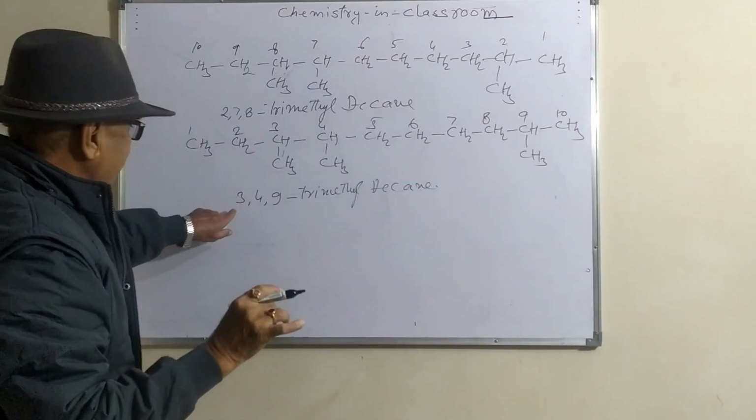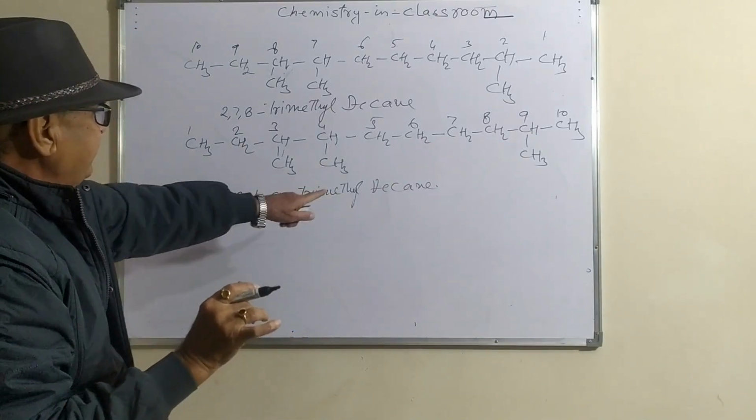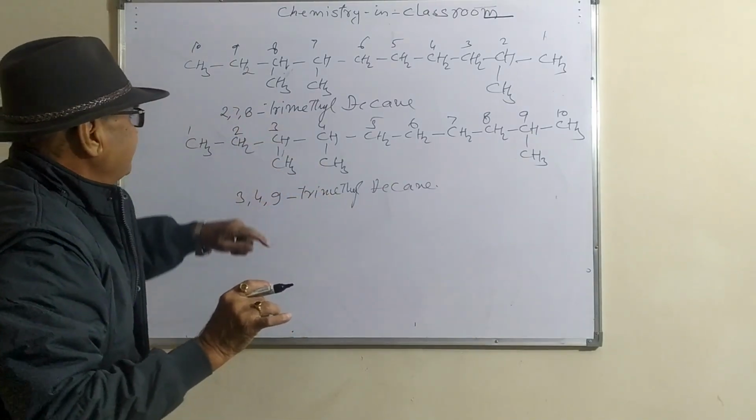The name of this is 3, 4, 9 trimethyl decane, and here it is 2, 7, 8.